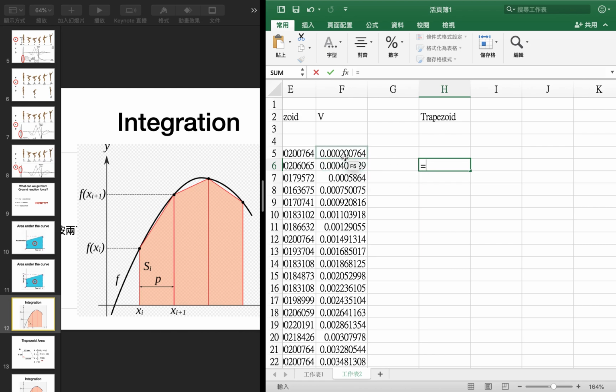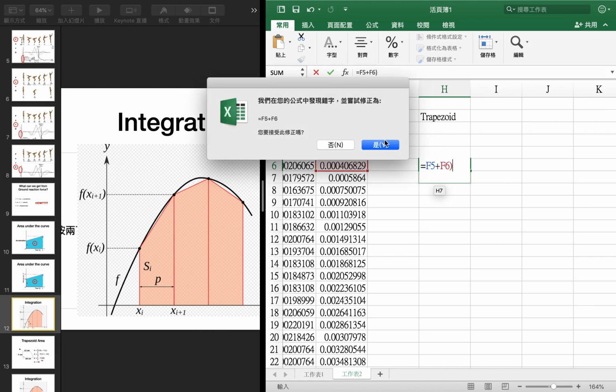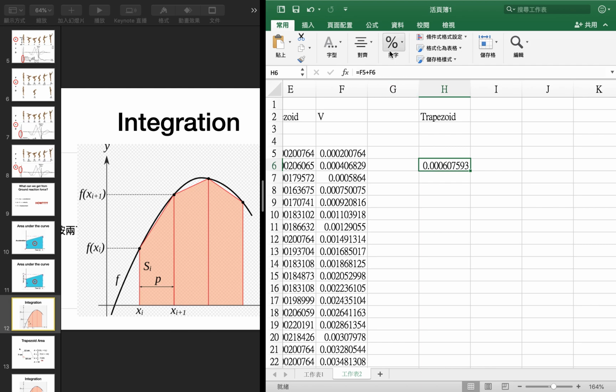The first data plus the second data times the height, divided by 2. So that'll be F5 plus F6, and then you times the height, which is the time interval between these two data points, which is 1 over 1200, because that's our sampling rate of the force plate.